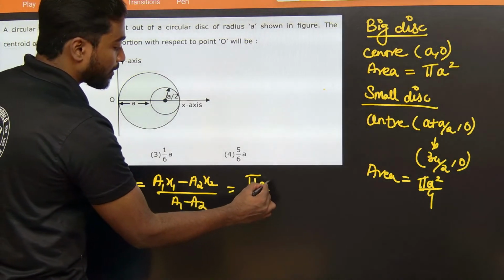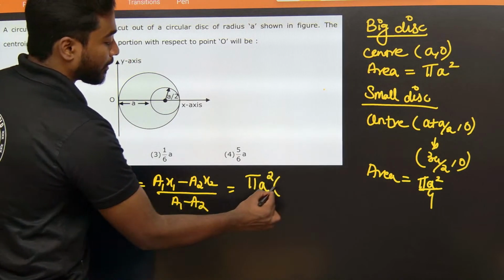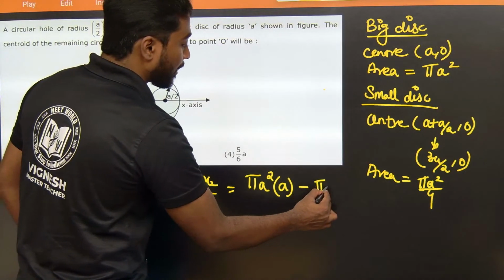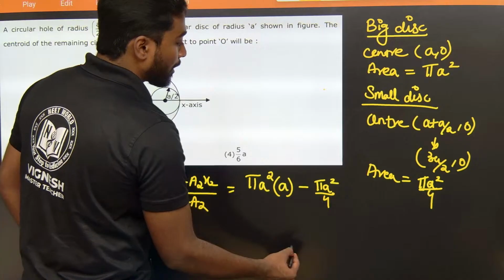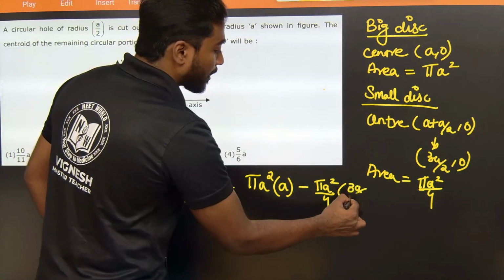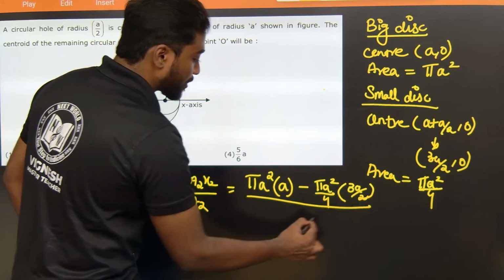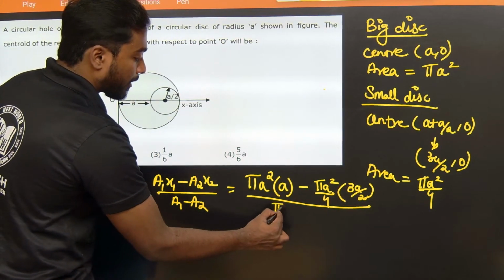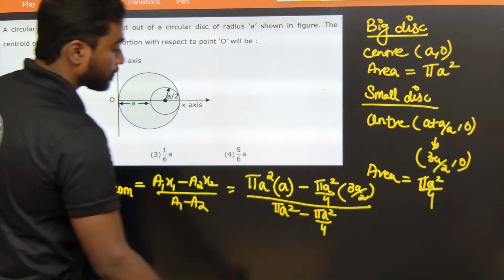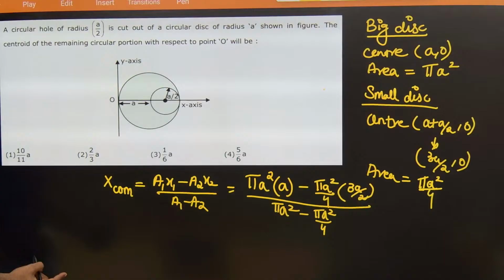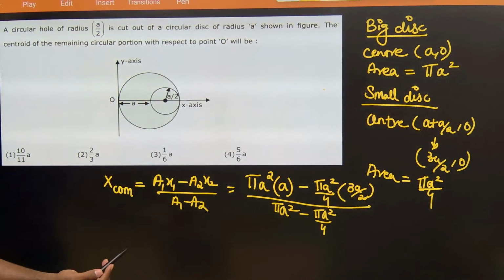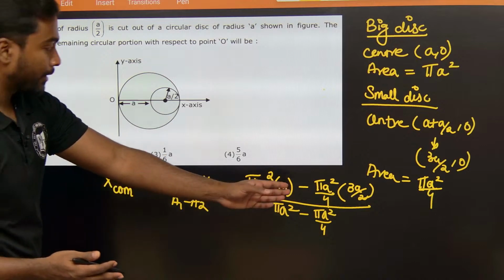So pi a square into a, minus pi a square by 4 into 3a by 2, divided by pi a square minus pi a square by 4. I can take pi a square common outside and cancel it out.